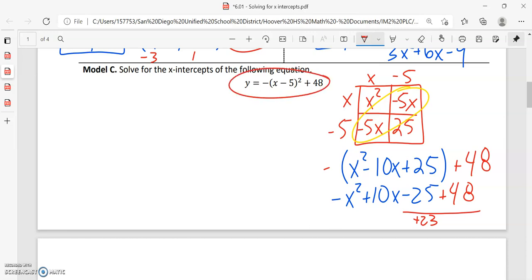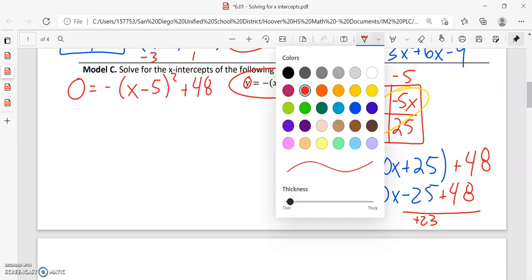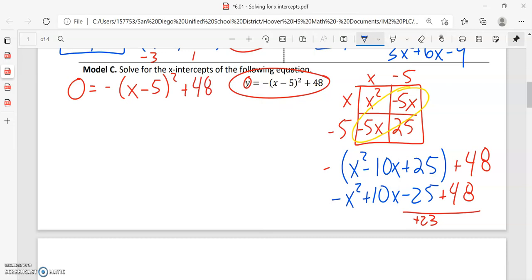So we're going to start here, and we're going to set this to equal 0, and we're going to solve for x. So I'll rewrite the equation. 0 equals negative x minus 5 squared plus 48. So the first thing we want to do is work away from our x and shrink to our x, or get closer to our x.